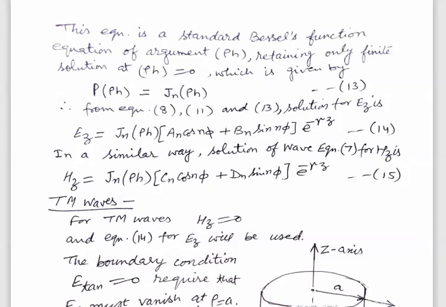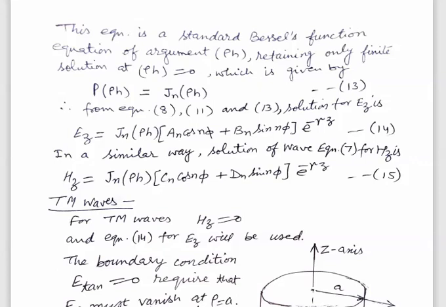14. Similarly, for the wave equation for the Hz component, in a similar manner the solution is given by equation number 15, which is Hz equal to Jn of rho h times (cn cos n phi plus dn sin n phi) e raised to the power minus gamma z.